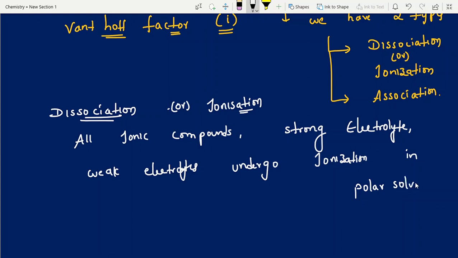A polar solvent is nothing but, like, we are taking water. If you take NaCl, that too I am going to discuss as another point.